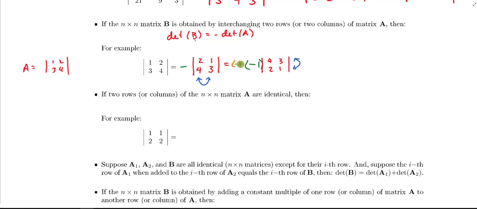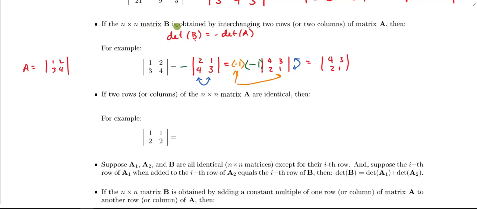That would have the net effect of again multiplying the sign of that overall determinant by a -1, and just keeping track of our negative signs, we end up with the same value of the determinant as before if we perform two column or row swap operations.